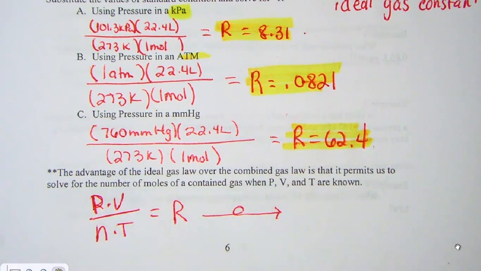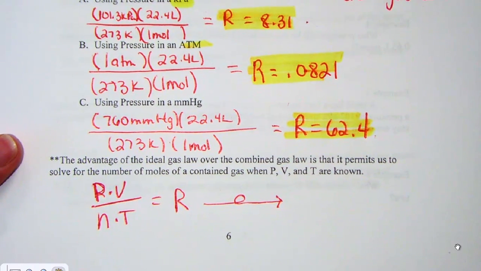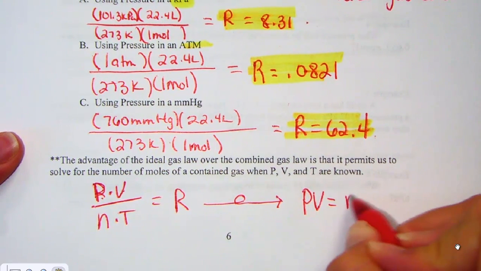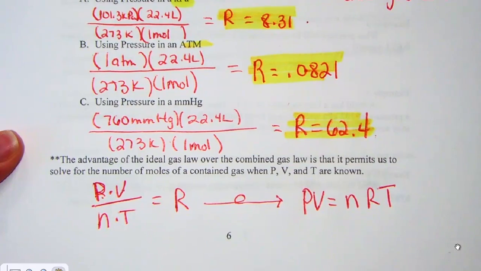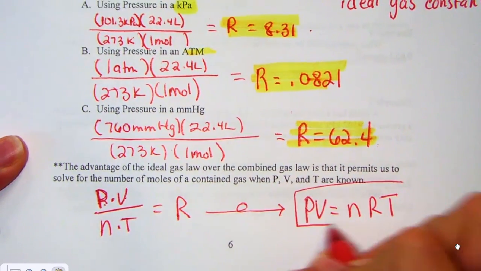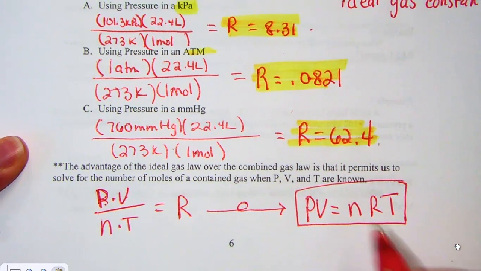PV over nT equal to R, we simply rearrange. P times V is equal to nRT. You can see that more familiar format of the PV = nRT equation called the ideal gas law. Pressure times volume set equal to the number of moles times the ideal gas constant times our temperature.